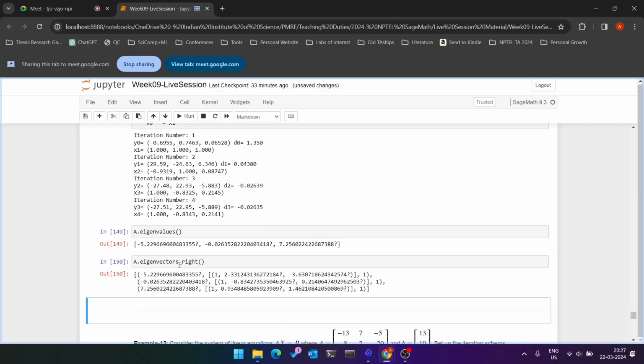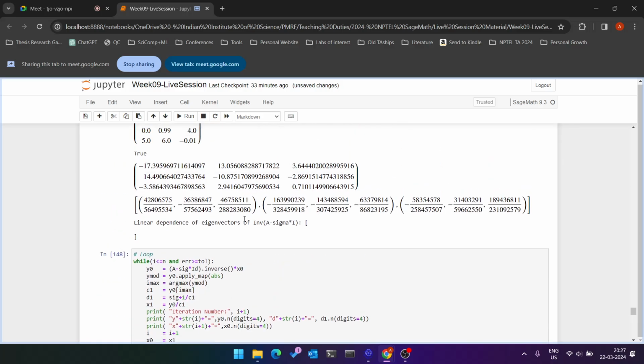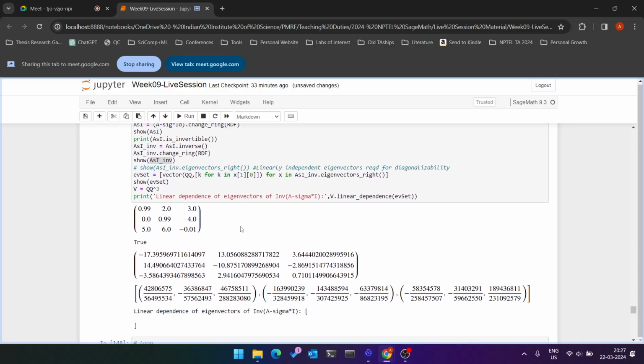If I check the eigenvectors for minus 0.02, this is the eigenvector. So both of them are matching, 1, minus 0.83 and 0.21. Okay, so this completes the inverse power method algorithm.